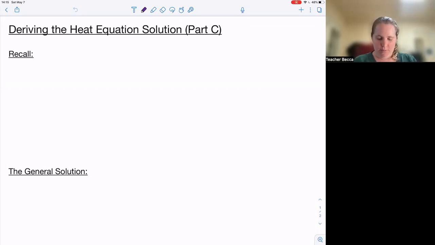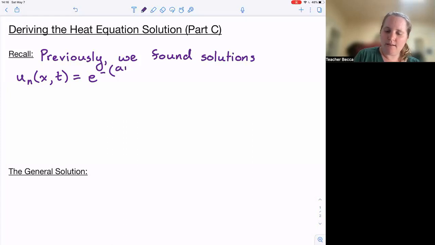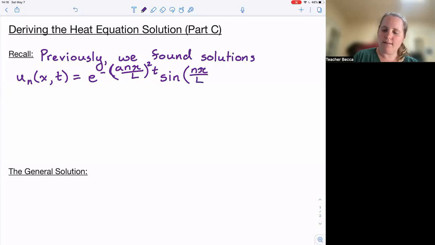So recall, previously, we found solutions u sub n of x,t, which were equal to e to the negative (a n pi over L) whole fraction squared t times sine of n pi over L x.